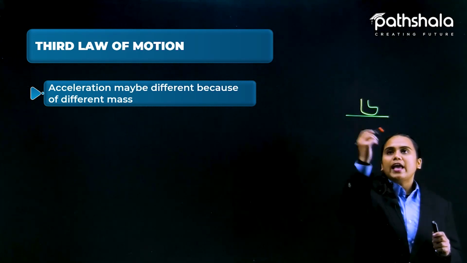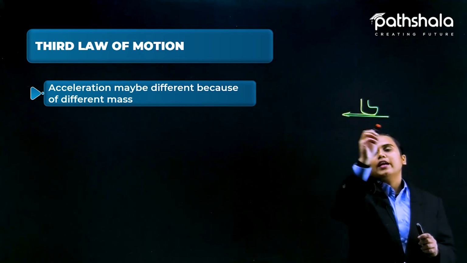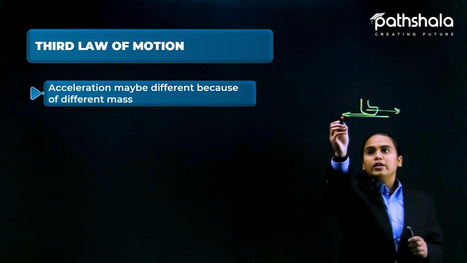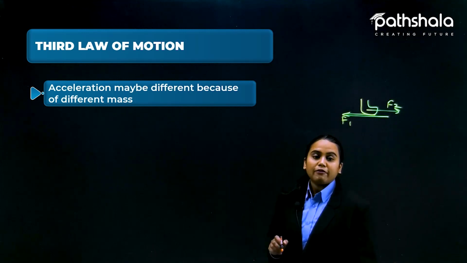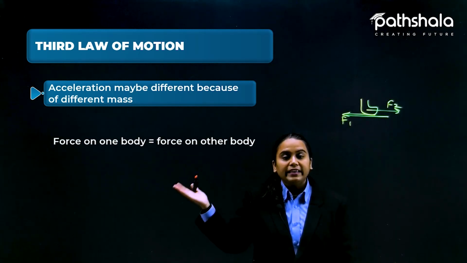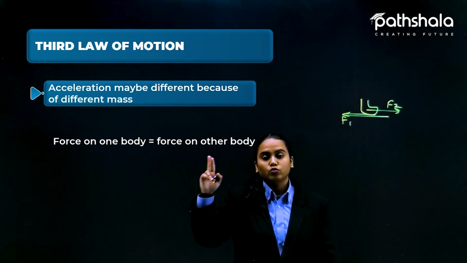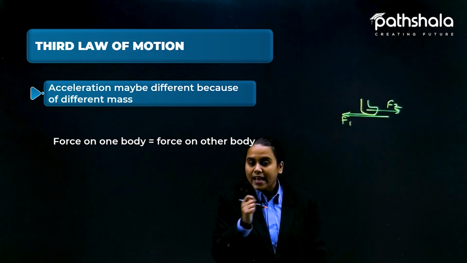Fine. So here, in the case of a foot, we are pushing the ground in the backward direction and the ground is pushing us in the forward direction. So here we can say that F1 and F2 would be equal, because force on one body is equal to force on the other body. This is what the third law of motion is saying.